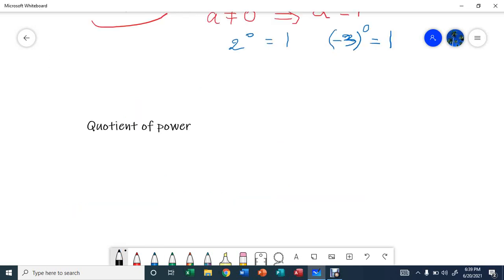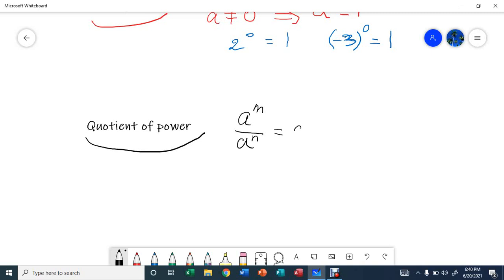Another rule is called the quotient rule. When you have a fraction, the rule is, but you have to have the same base, a to m over a to n, and here a must be not equal to 0.